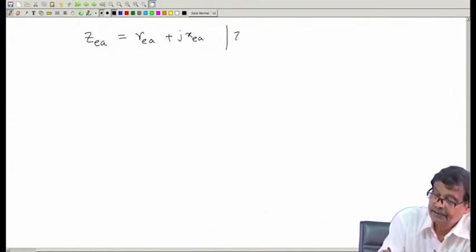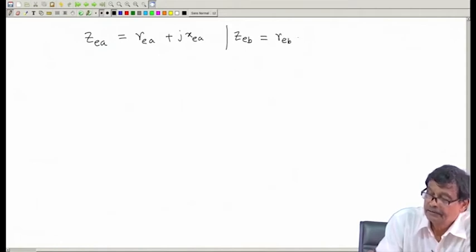Similarly, ZEB is equal to REB plus jXEB.